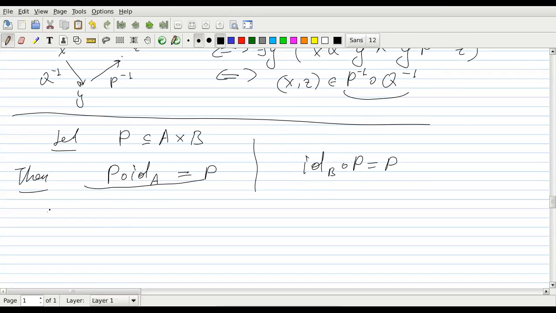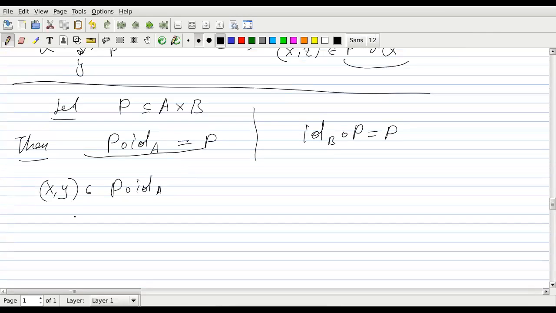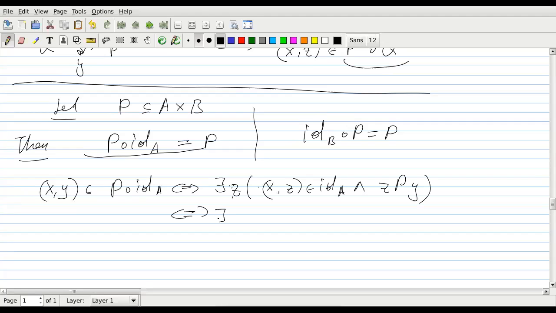Let's prove. What does it mean that XY belongs to this set? It means that there exists Z such that XZ belongs to the identity relation and ZPY. Do you agree? Yes.